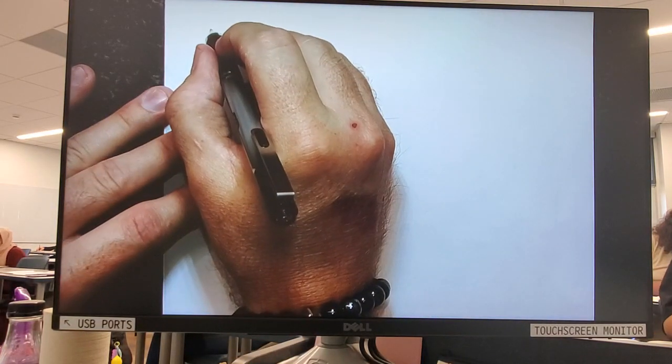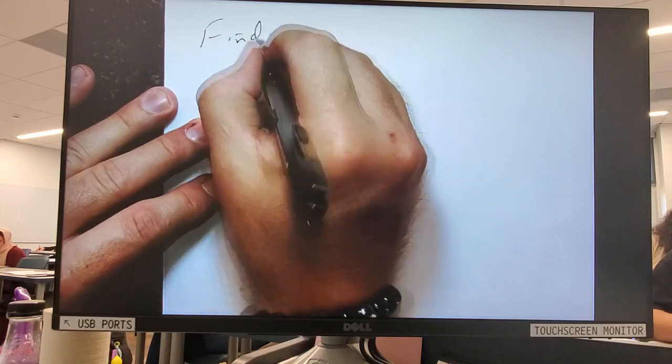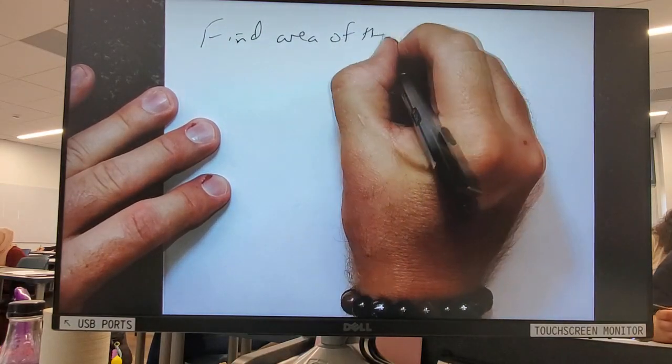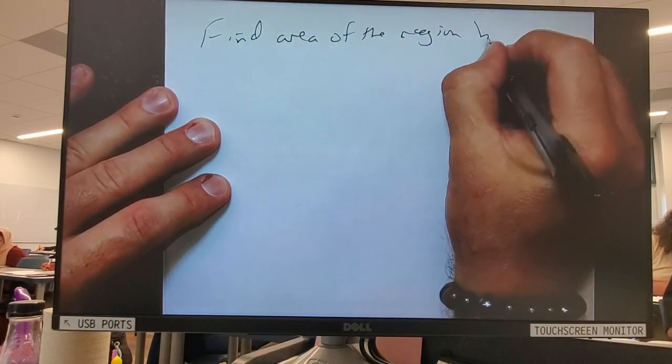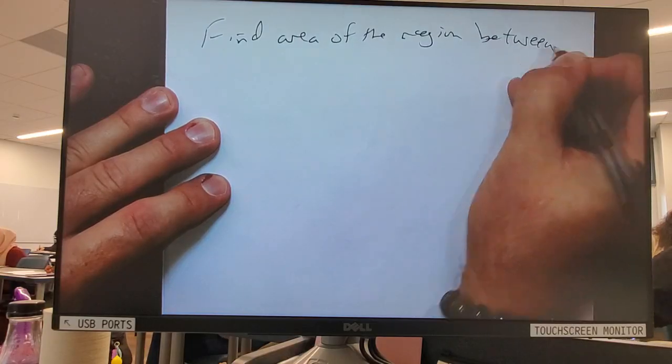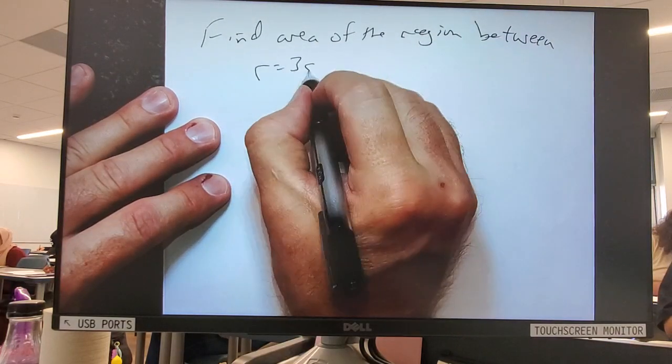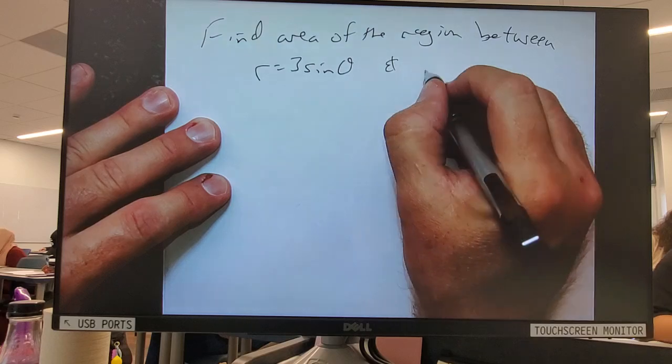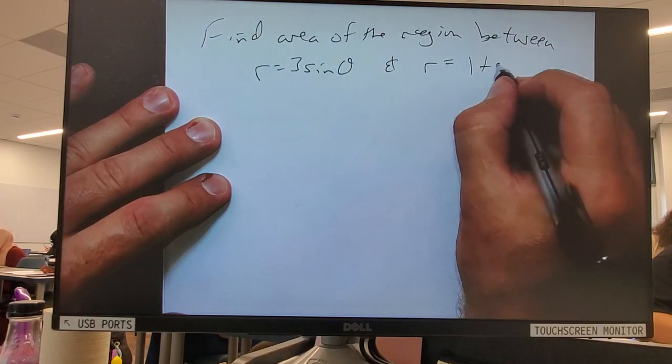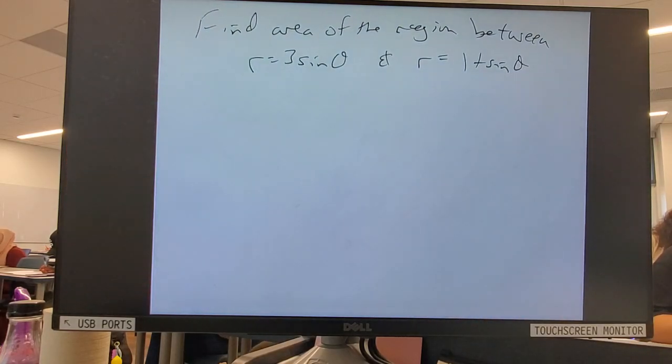So let's say I want to find the area of the region between r equals 3 sine theta and r equals 1 plus sine theta. This question should kind of feel familiar from Calc 1.